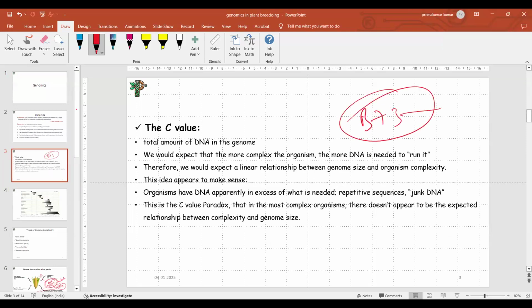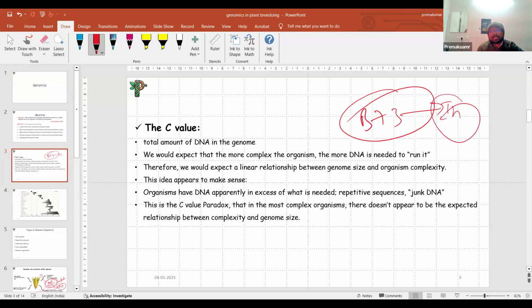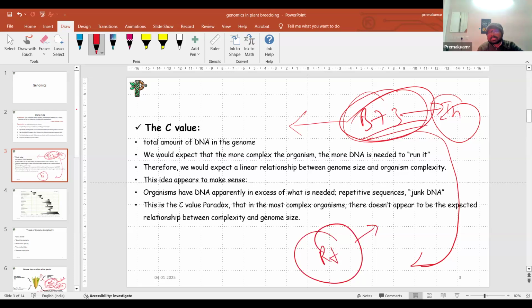We'll discuss it in heterosis breeding, and I will discuss in detail how B73 was developed. B73 has been asked many times in the ASRB exam. It's a famous reference genome used in maize. B73 was the first to be completely sequenced, and people still use it as the reference genome.